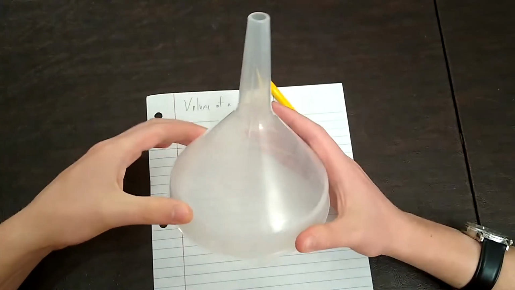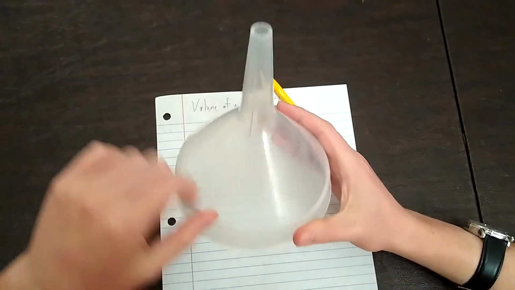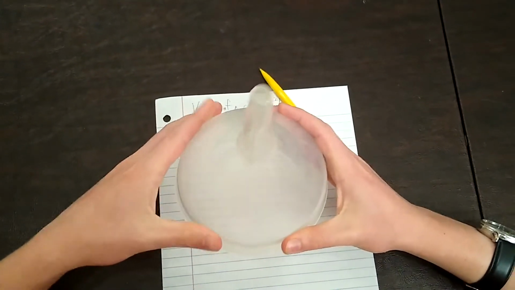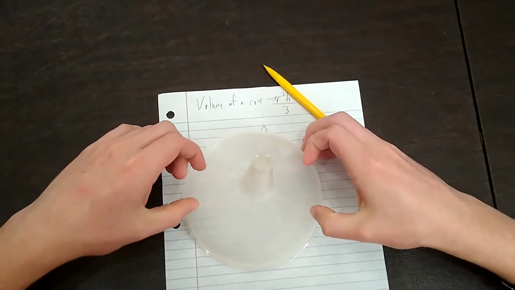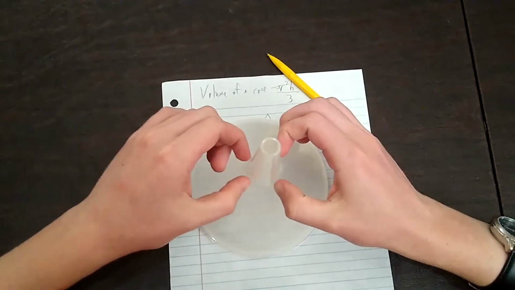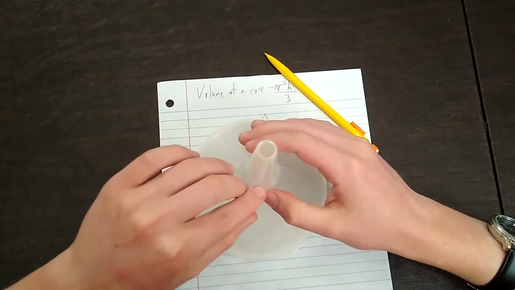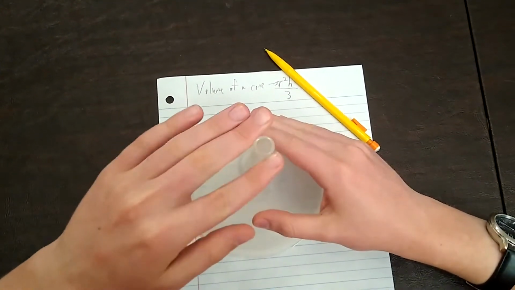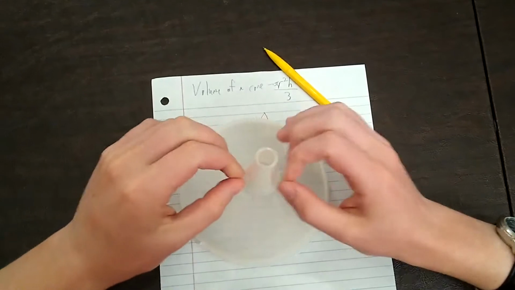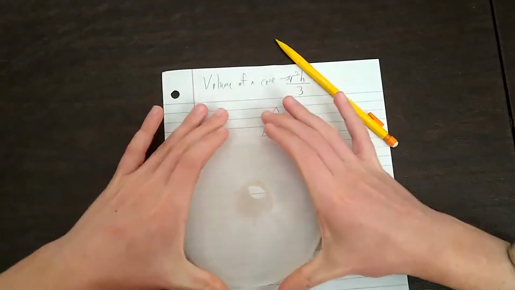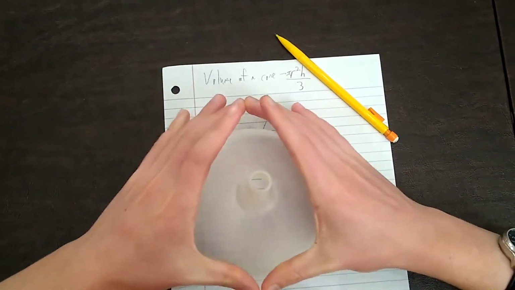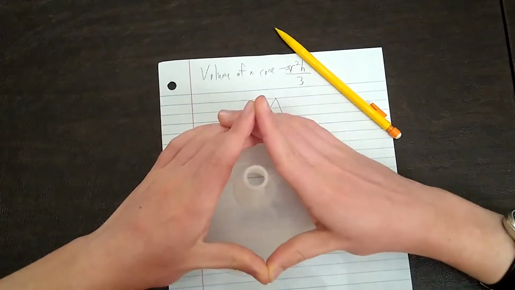Notice how it's made up of a bunch of circles that get increasingly smaller in radius. Now, if this were an actual cone, it would go up to a point, but this thing is in the way, so it doesn't, but you know what I mean. Like, circle, then smaller circle, another smaller circle.